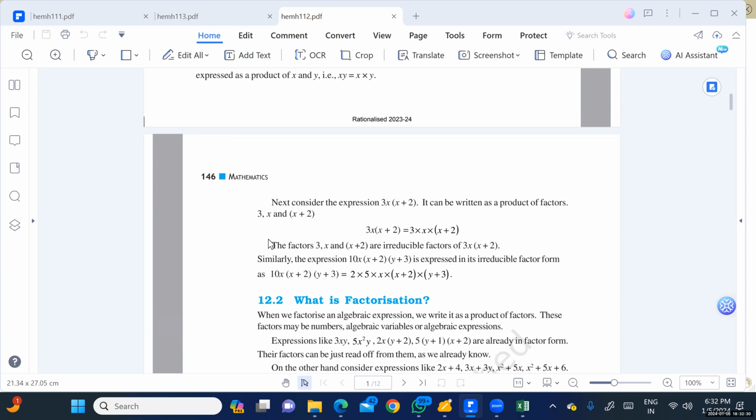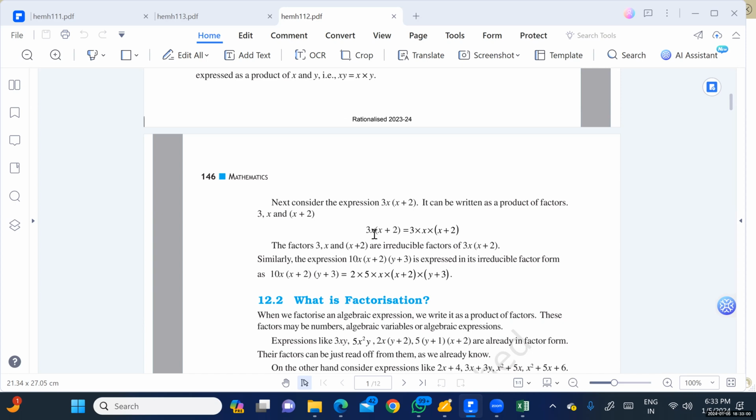Or we can write 3x as 3 into x, so 3 into x into x plus 2. Because this is a multiplication by default, 3x means 3 into x.